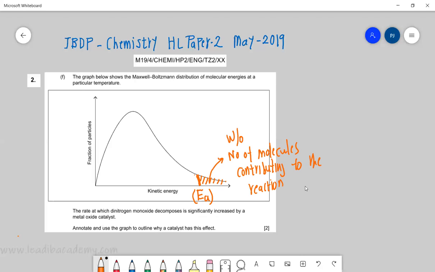Assume this is the activation energy, that means the minimum energy, so the molecules must possess at least the activation energy or higher.